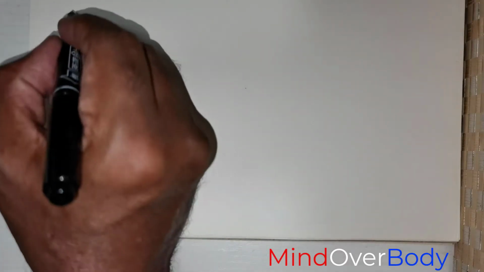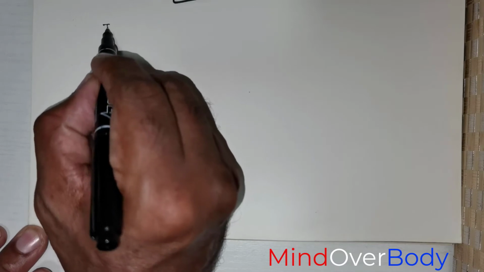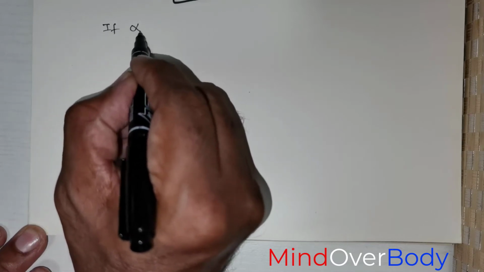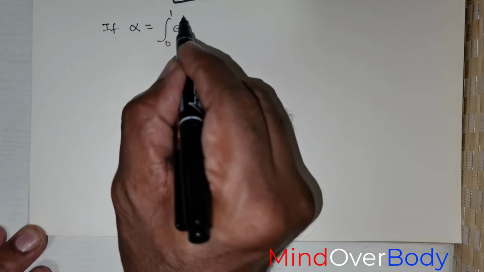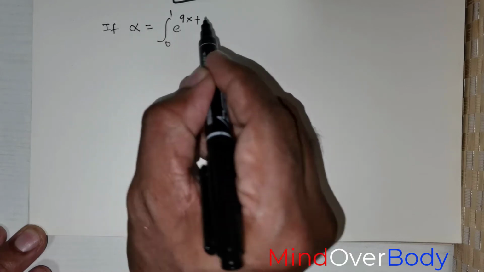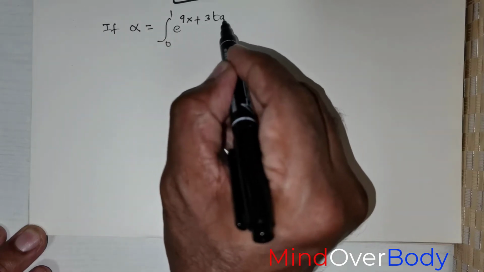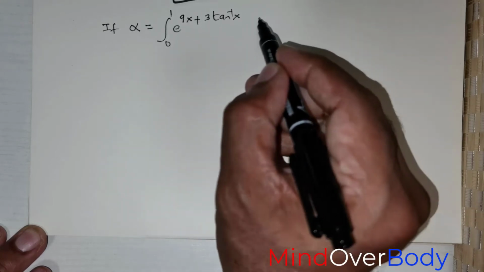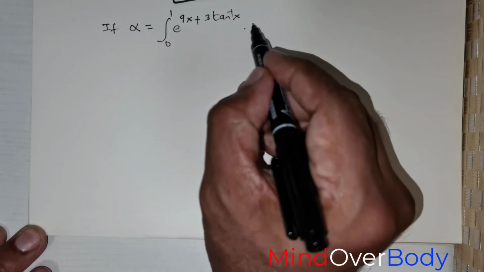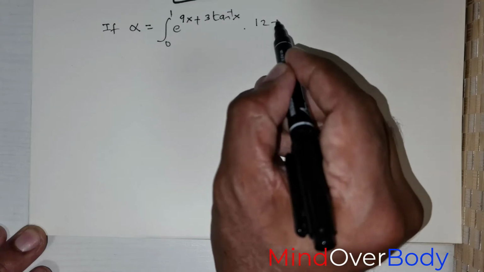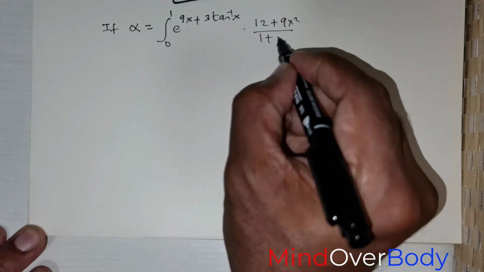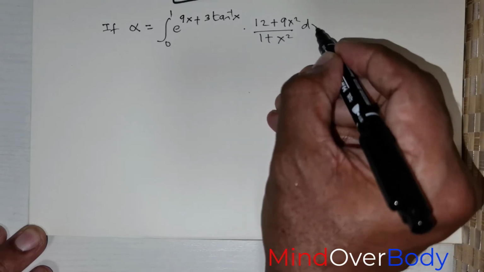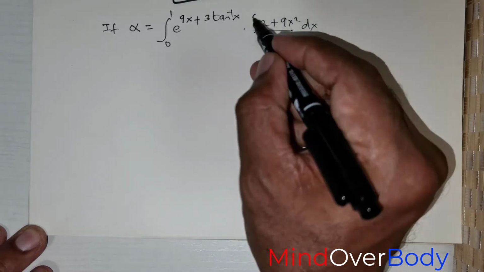Students, we have been given this beautiful question. Let me state the question. If alpha is equal to integral 0 to 1 e raised to the power of 9x positive 3 times tan inverse of x, times 12 positive 9x squared divided by 1 positive x squared, times dx.